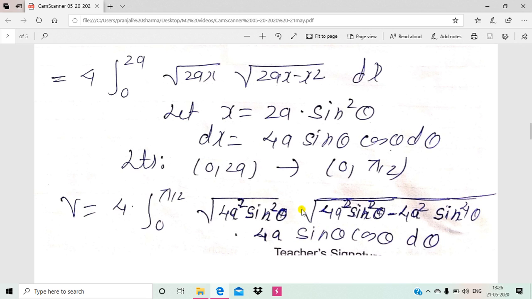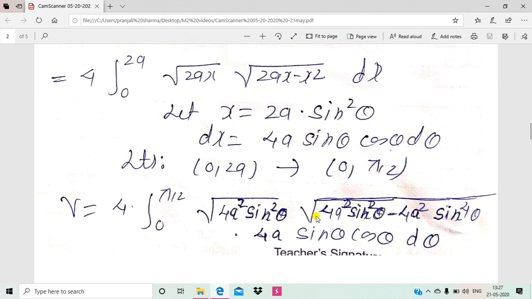Now since the square root of this is 2a sine theta, and here we can take 2a as common, so 2a into 2a is 4a square, into 4a is 16a cube, into 4, so it will be 64a cube, which can be taken as constant. And here we can take sine square theta as common.